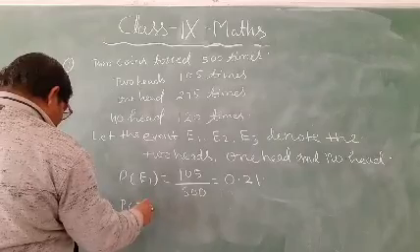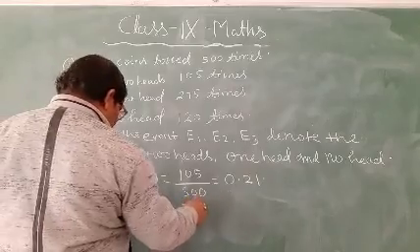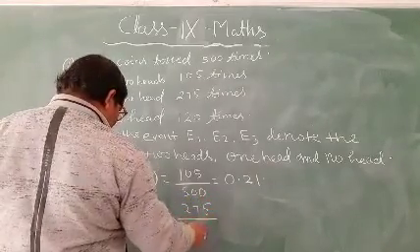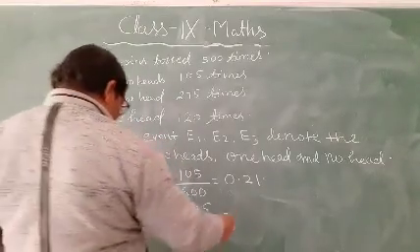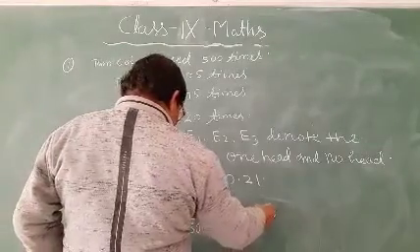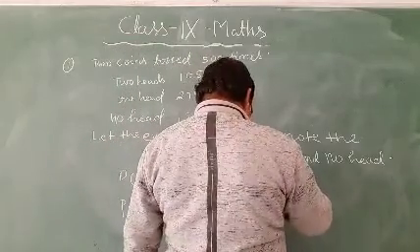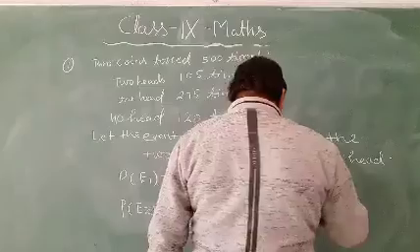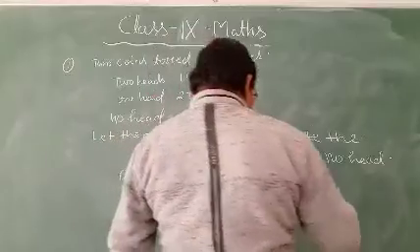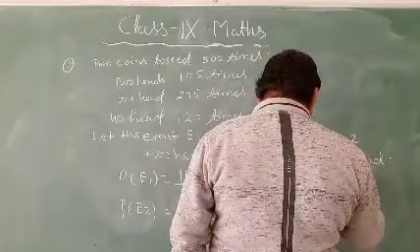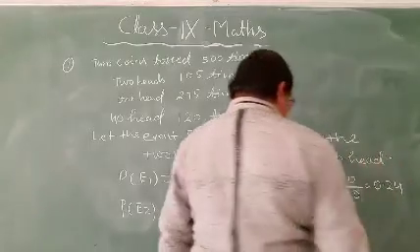P(E2) is 275 upon 500, equal to 0.55, and the probability of P(E3) is 120 upon 500, equal to 0.24.